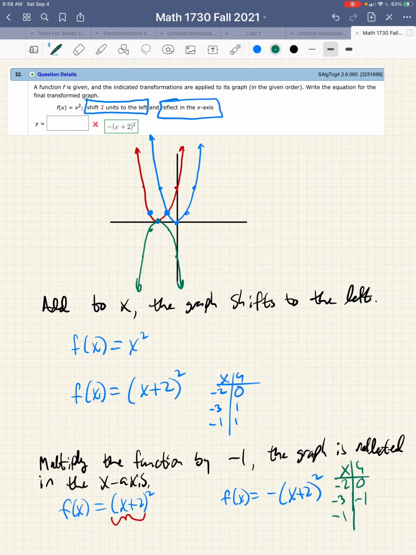If I put negative 1 in for x, I'm going to get negative 1 for y, again because the negative is applied after the square. So these points, (-2, 0), (-3, -1), (-1, -1) are all on this graph. So we have given ourselves some confidence that we have this right.